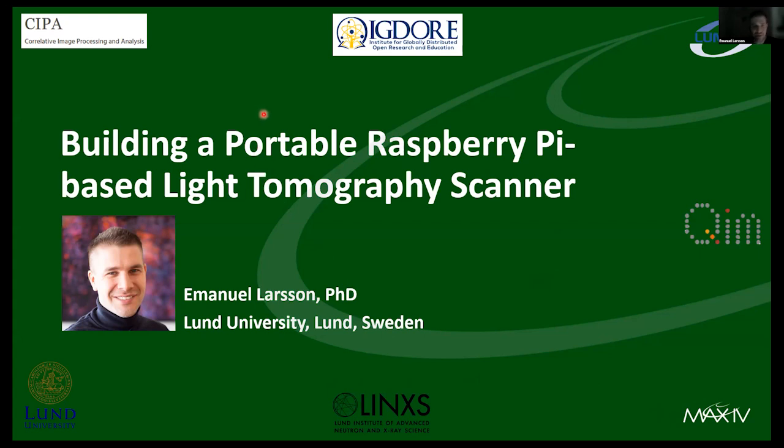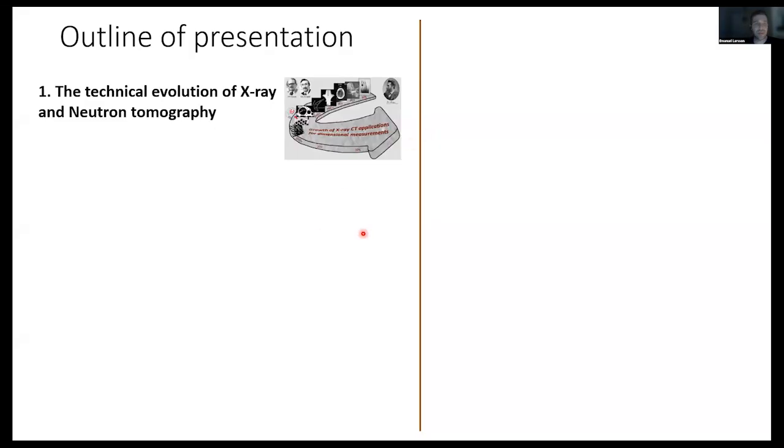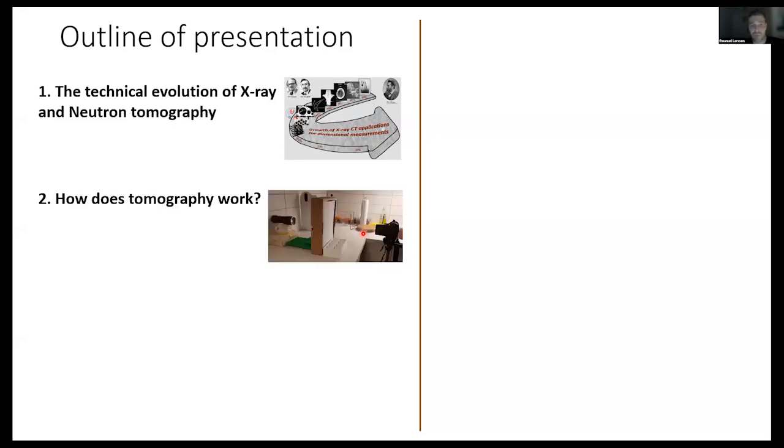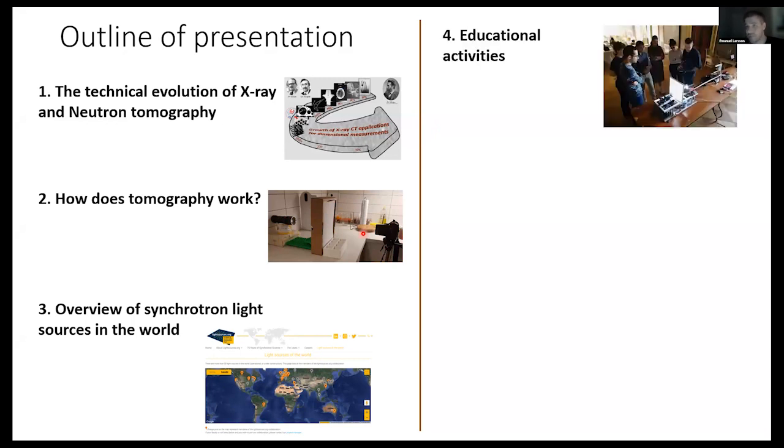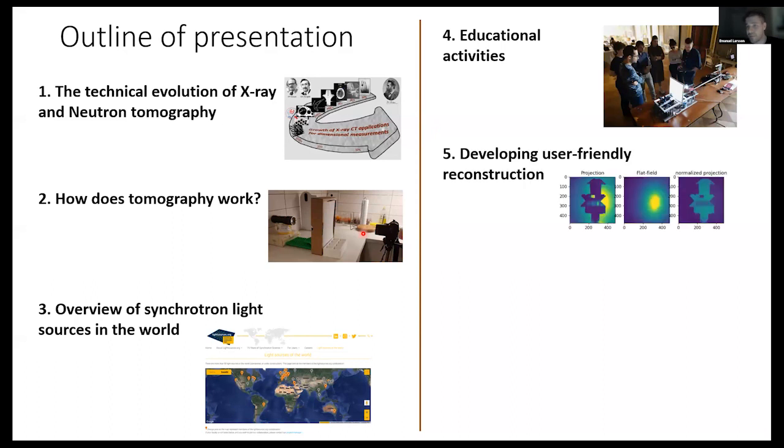The outline of this talk is that first we will take a look at the technical evolution of X-ray and neutron tomography, followed by how tomography actually works, and then an overview of some selected synchrotron light sources all around the world, followed by educational activities related to the so-called KBLT scanner, which stands for kitchen-based light tomography.